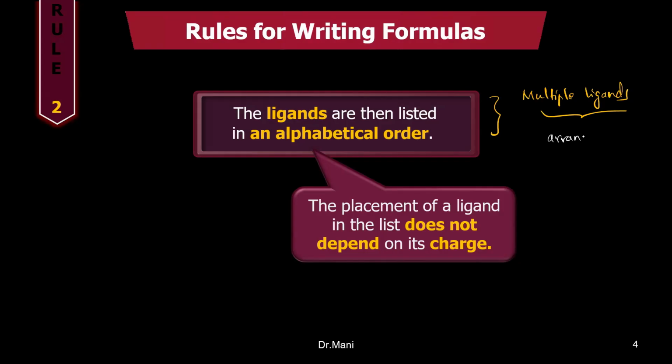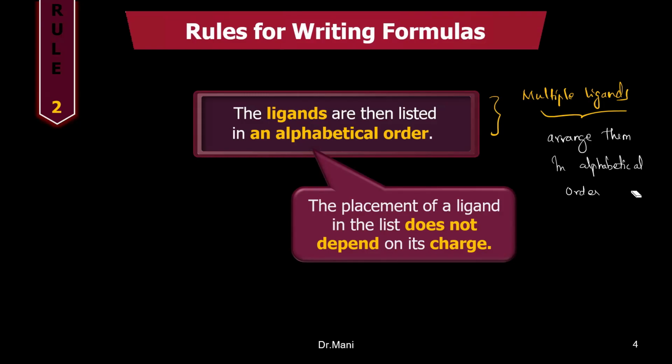So arrange them in alphabetical order. In this alphabetical ordering, we should not take di, mono and such as the alphabet. We should directly take the name of the ligand that we are using here.